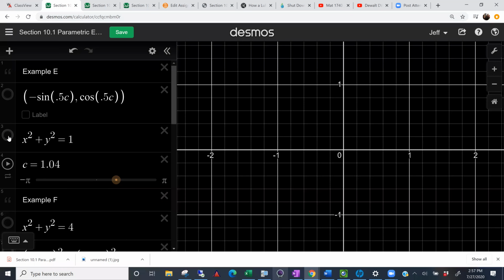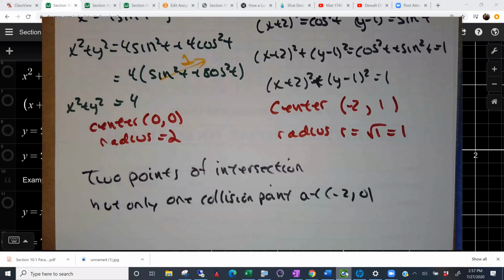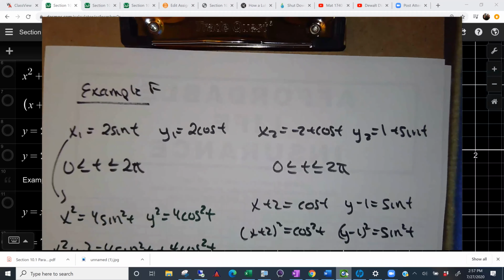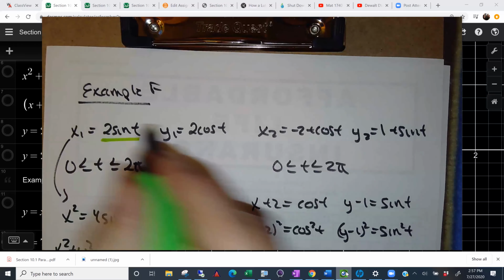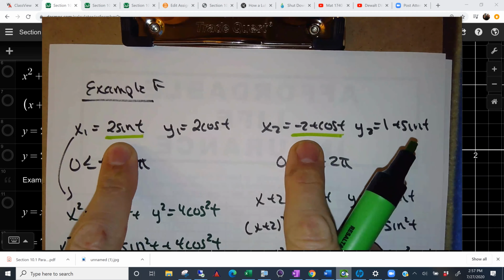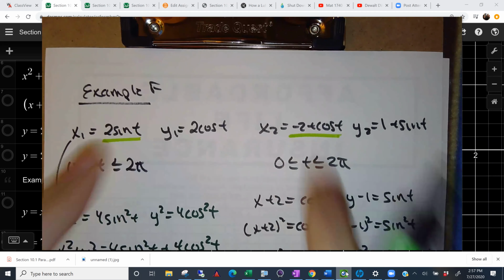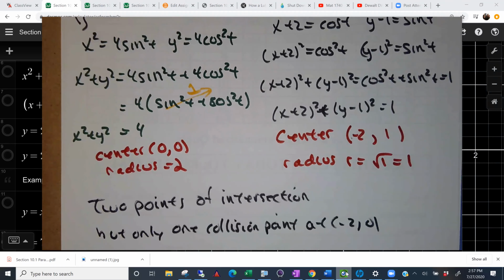That's what has to happen. So let's take a look at what that would mean for our particular problem. For our particular problem, the X coordinates would be these two. Those would have to be the same at some point. So collision point.